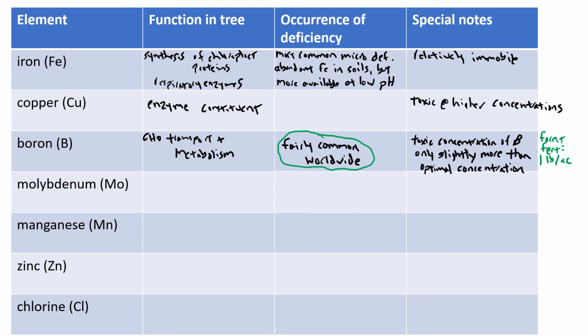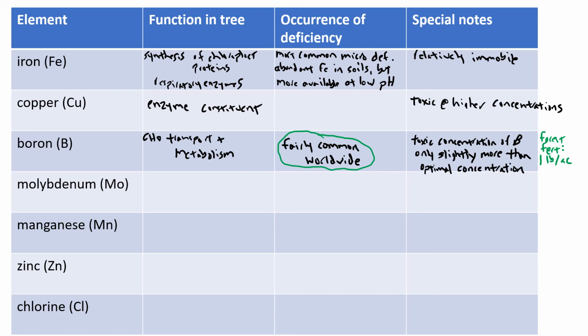If you think of a pound of elemental boron, I don't know what the molecular weight of boron is, but a pound of elemental boron is probably the size of a tennis ball, something like that. So imagine having to spread out that tennis ball size quantity of boron over an acre, the size of a football field.